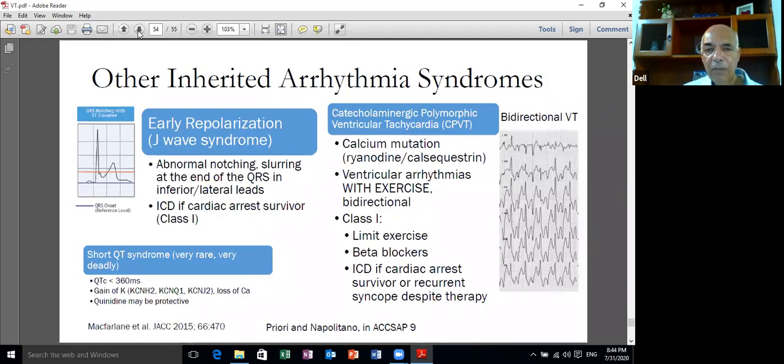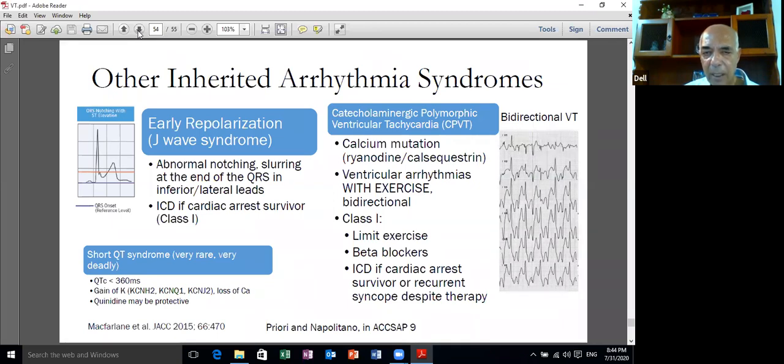Now we move to CPVT, another very lethal arrhythmia. It is due to a leaky ryanodine receptor. The ryanodine receptor during diastole is supposed to take up the calcium from the sarcoplasm. Under these circumstances, it is leaky, and since it's leaky, it produces delayed afterdepolarization and ventricular arrhythmia.